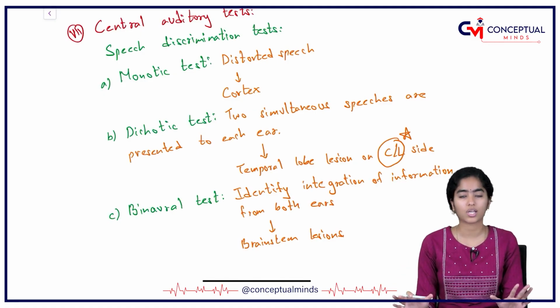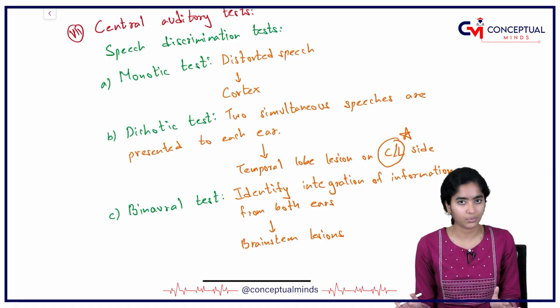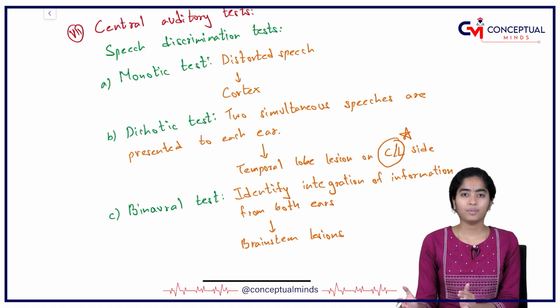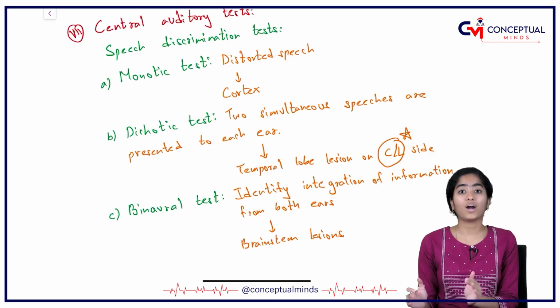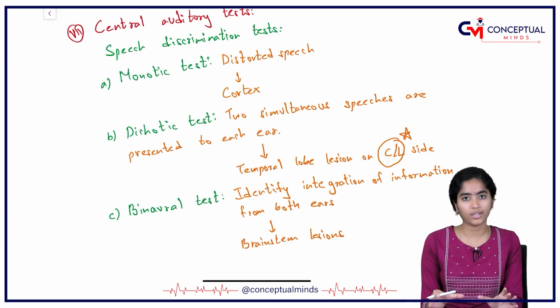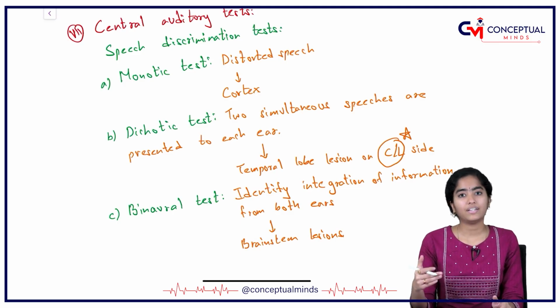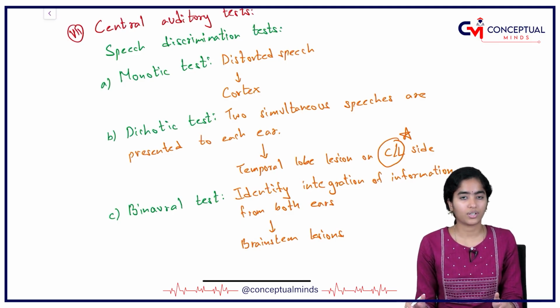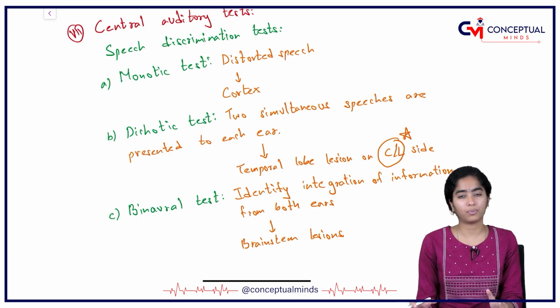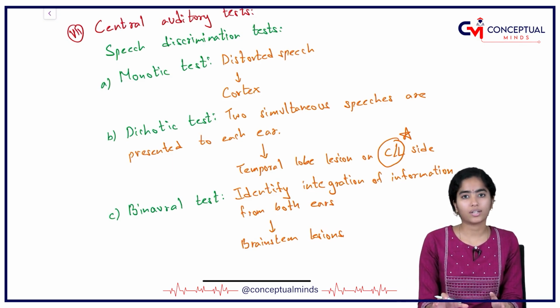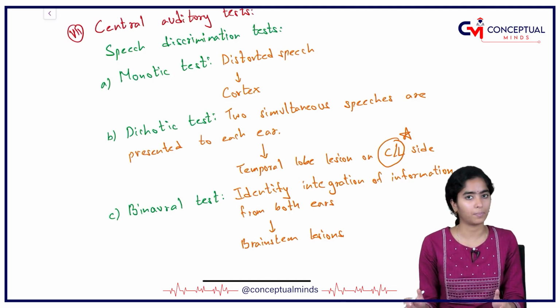Is it conductive or is it sensory neural? Then we moved on: what type of sensory neural is it, cochlear or retrocochlear? All these special tests, and even impedance audiometry, acoustic reflex and tympanometry, help to identify between cochlear and retrocochlear lesions.